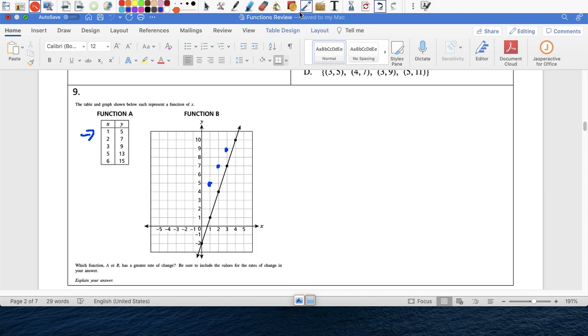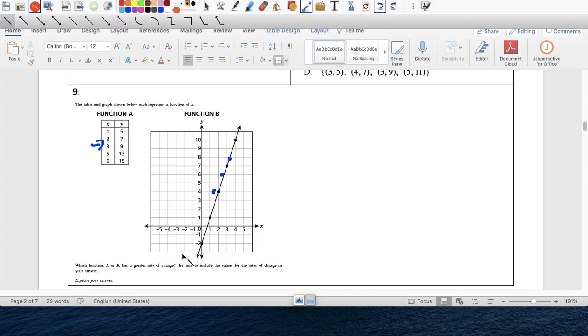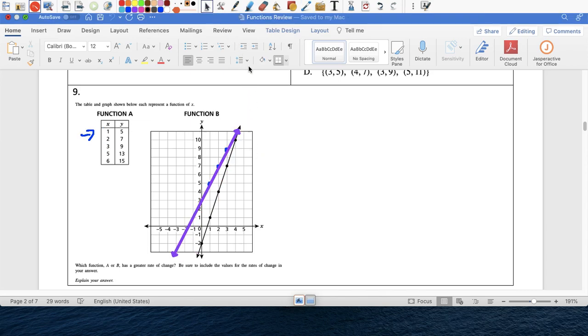Well, I'm not going to do that one because I don't have room, but I'm going to connect these three dots. Just move it over a little bit, and I'm going to stretch the other one manually.